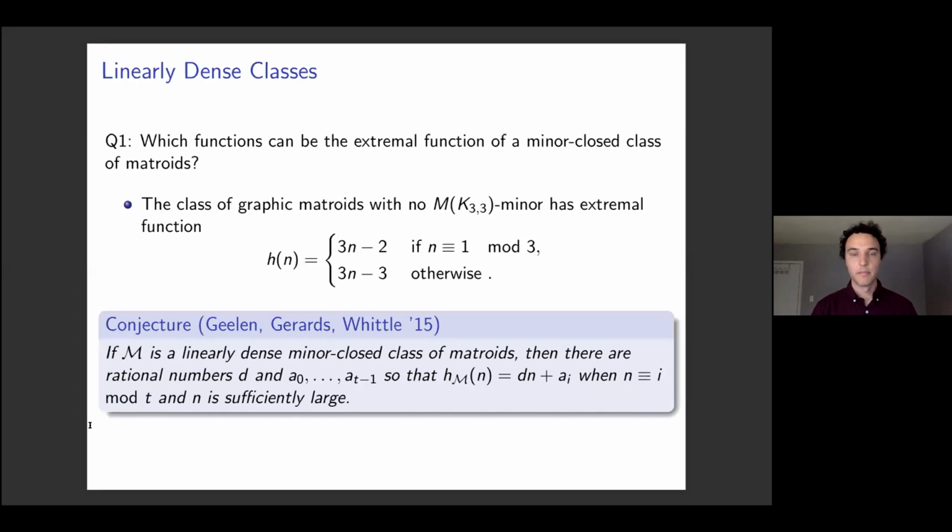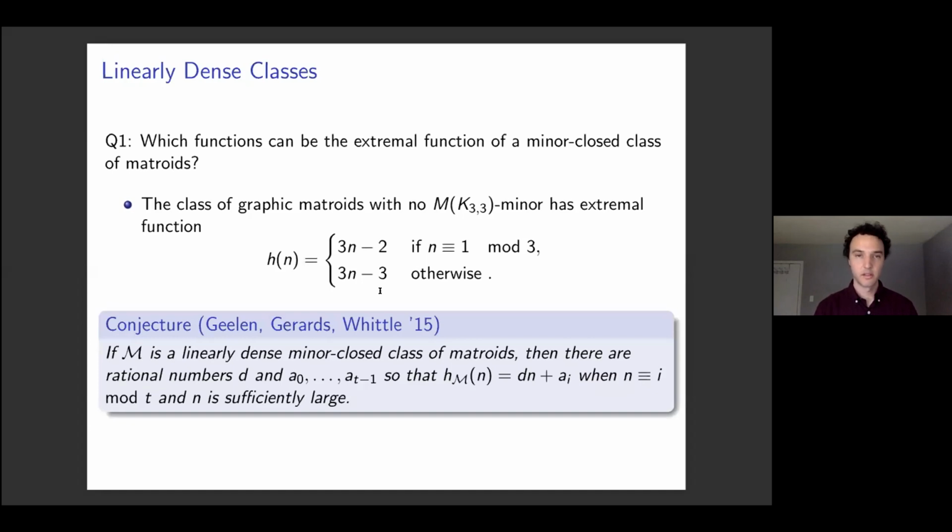One reason it's hard is that the extremal matroids do not have to be highly connected in any sense. So in this example, when n is equivalent to 1 mod 3, you can construct an extremal matroid for this class by just taking 2 sums of the cycle matroid of K5.